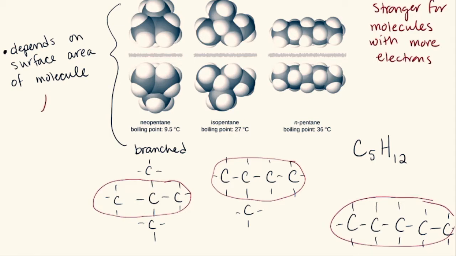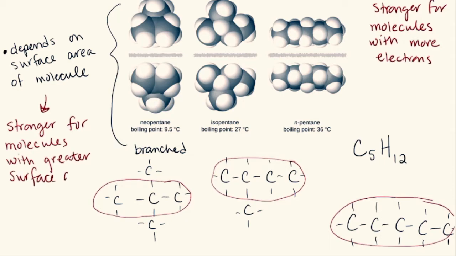So here I'll say the forces are going to be stronger for molecules with greater surface area. And what that means is we'll see a stronger attraction for the one that is less branched out.